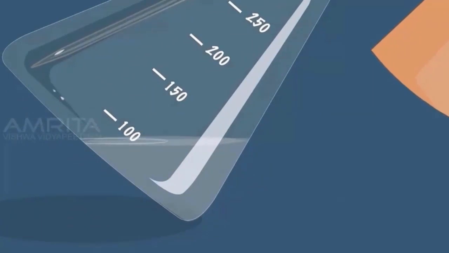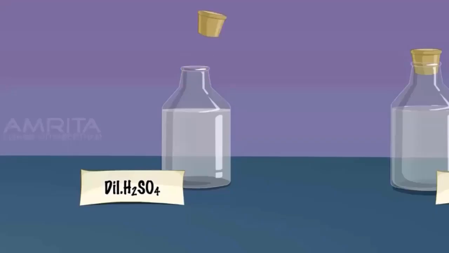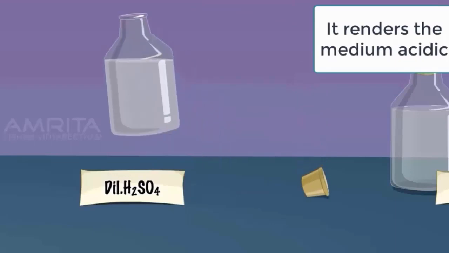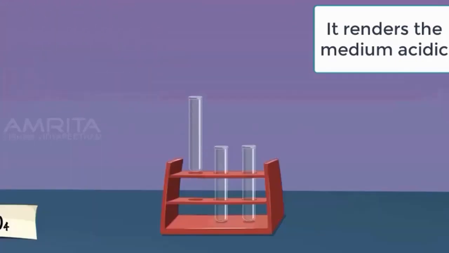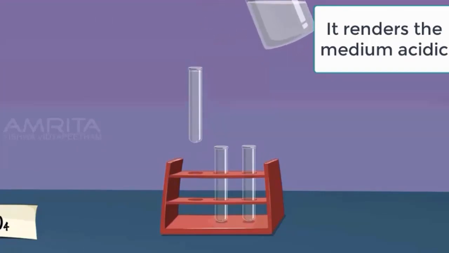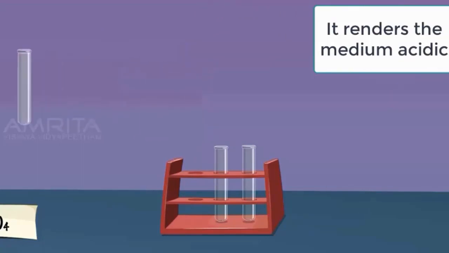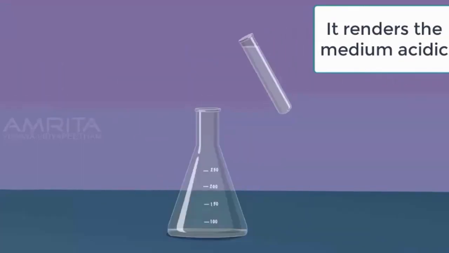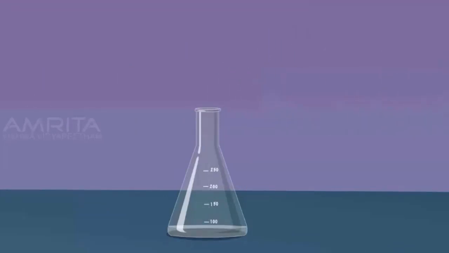This titration reaction requires an acidic medium, so we should add H2SO4 that makes the medium acidic. We place, using a cylinder, 20 ml, for example, of the acid solution in the Erlenmeyer flask.